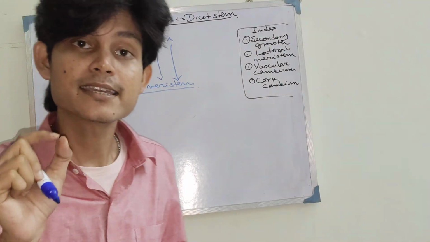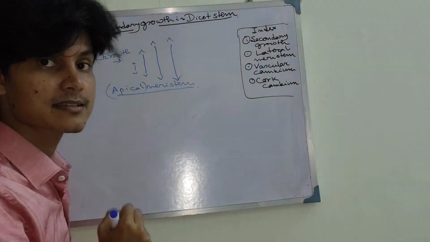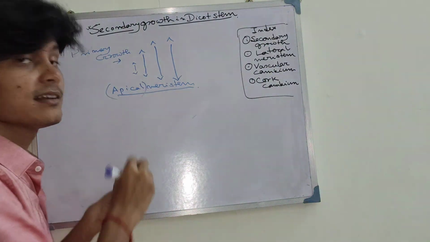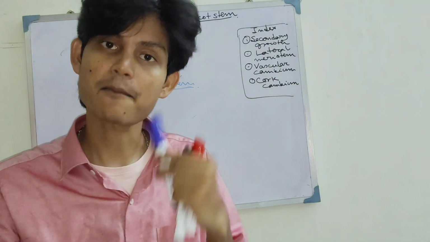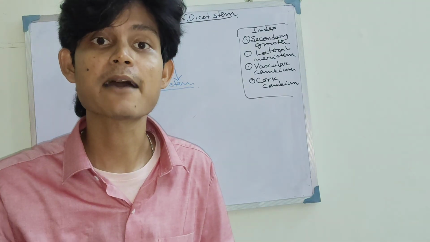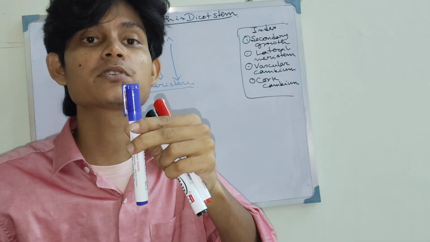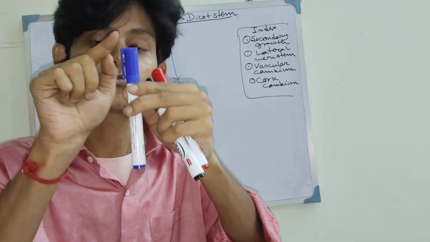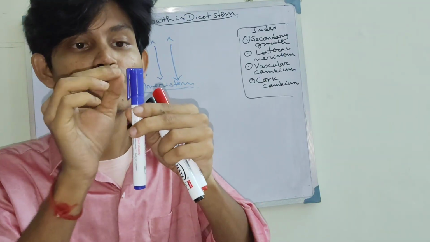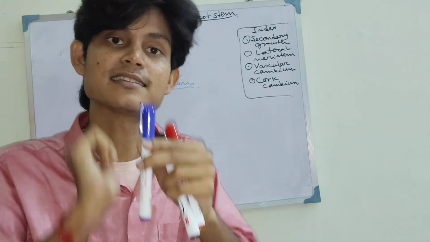Apical means it will be situated at the apex. Whose apex? It will be situated at the apex of the shoot and the root. It will provide primary tissues and cause increase in length.